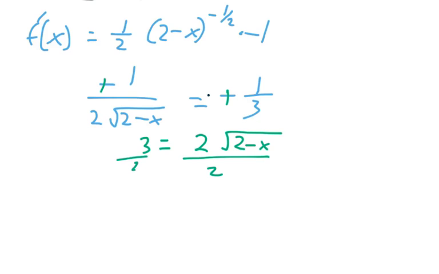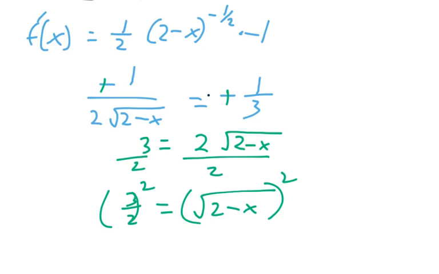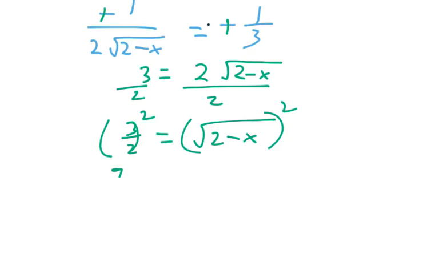Then I'm going to divide by 2. So this turns out to be 3 over 2 equals square root of 2 minus x, so that when I square both sides, I get 9/4 equals 2 minus x.